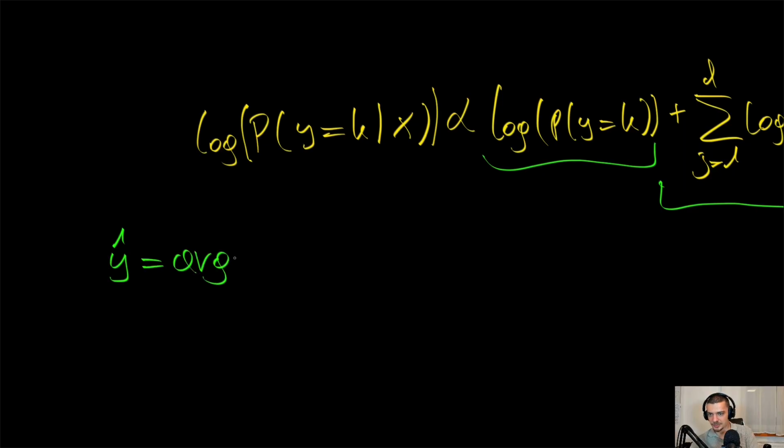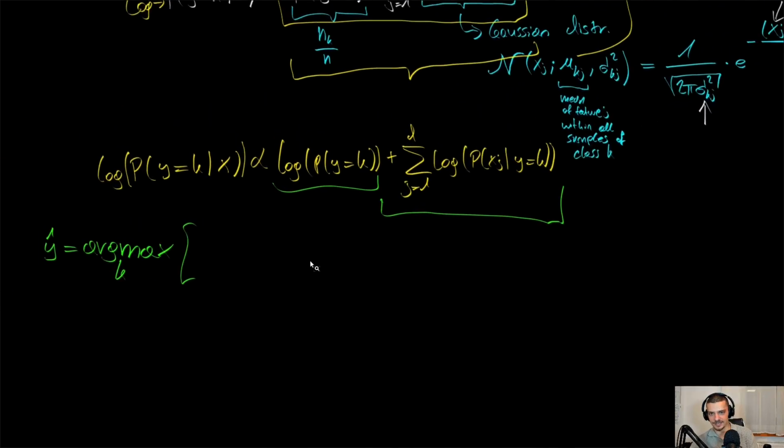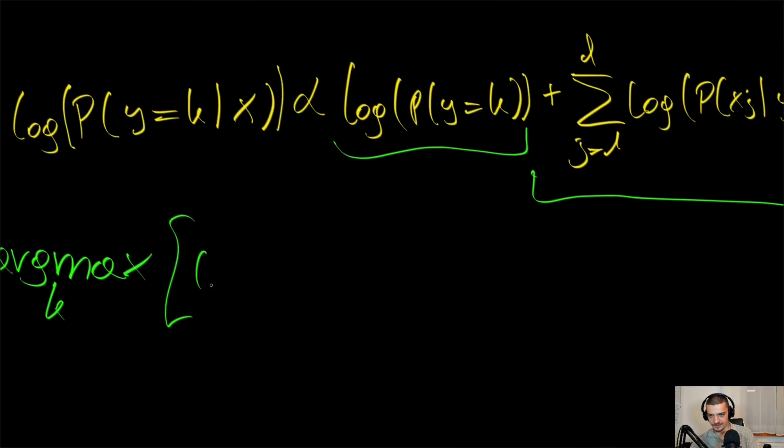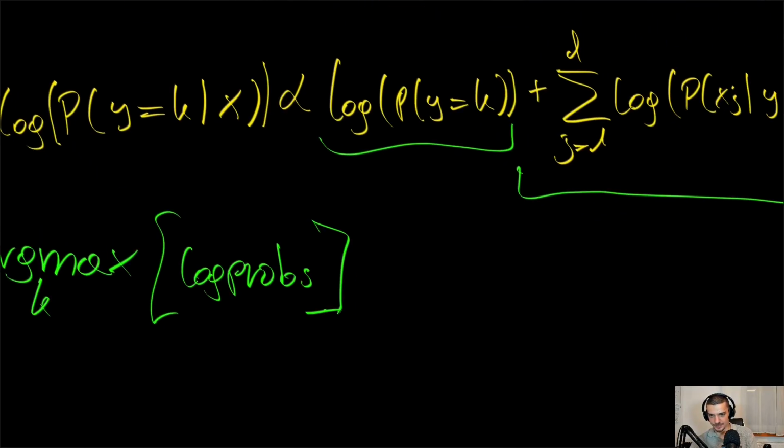So what we're trying to do is argmax. We're trying to find something so that we maximize the following term here. So we try to find a k, the class k, to maximize the term here, to maximize this probability here, to maximize the log probs. That is what we're doing here.